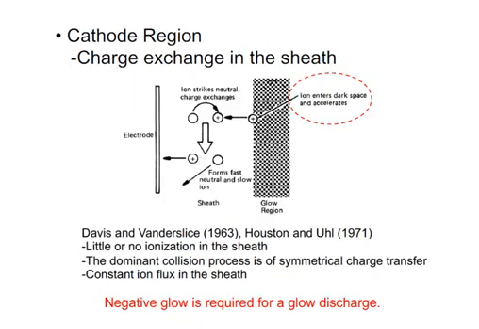So the negative glow is the most important part, and most electron and ion pairs are generated in the negative glow. When the cation is charged positively, it will be attracted by the negative potential drop and travel toward the cathode surface.